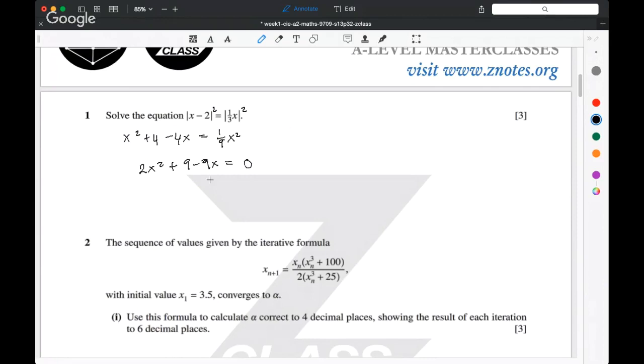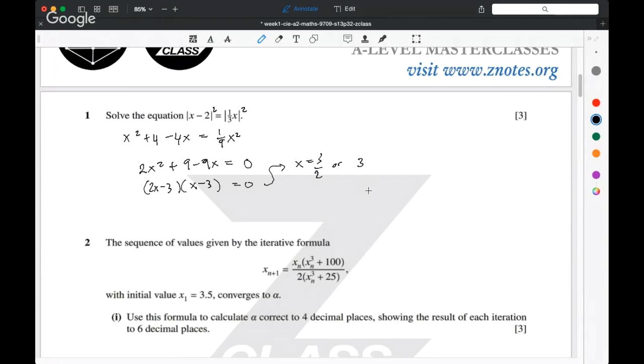So I've just multiplied by 9 and then divided by 4. This you can easily solve as a quadratic, easily factorized, and you'll get 2x minus 3 times x minus 3 is 0, which of course means that x is either 3/2 or 3.